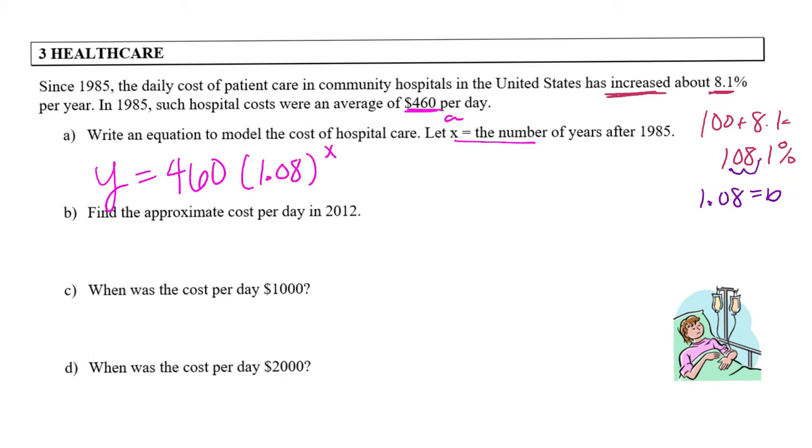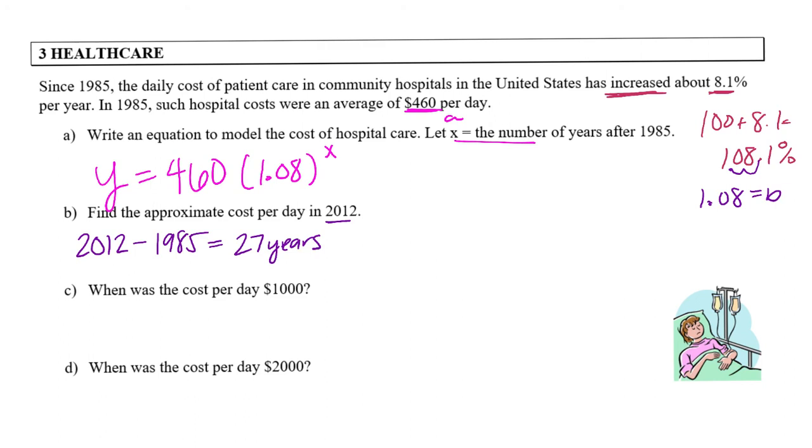Find the approximate cost per day in 2012. So remember, this is years since 1985, so we need to first find out what is going to be our X value. So we want to do 2012 minus 1985. And we get 27 years. So that's 27 years later.